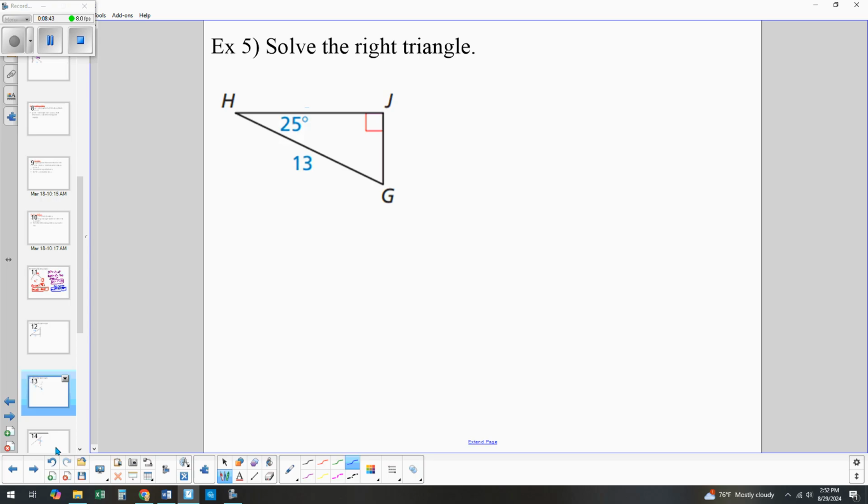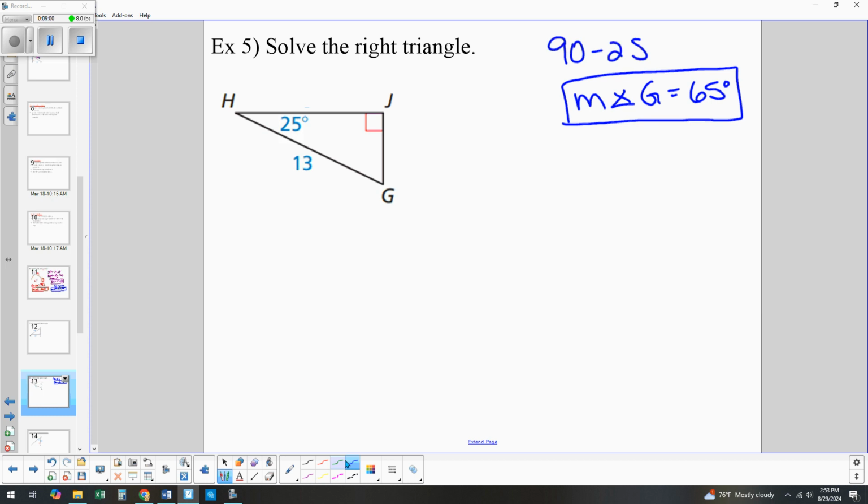All right, so here's one where we're given a side and an angle. I could find the other angle by doing 90 minus 25. We get 65 degrees, so the measure of angle G is 65 degrees. I was given this angle here, so I'm going to label H, O, and A from that angle. Even though I found G, I'm still going to use the one they gave me. And I'm going to cover up one of my sides at a time.